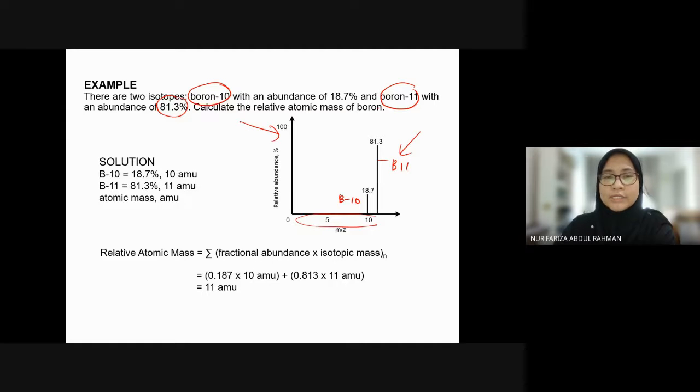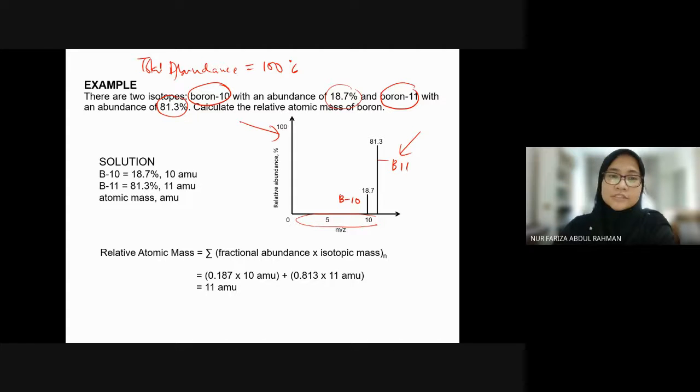But not to worry, we know that the total abundance of both isotopes should equal 100, regardless of how many isotopes we have for that one particular element. Here it is already given, 81.3 and then 18.7.